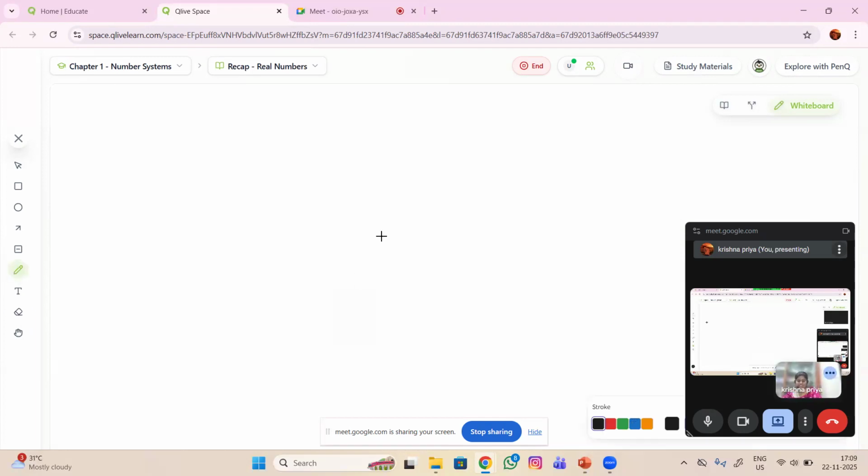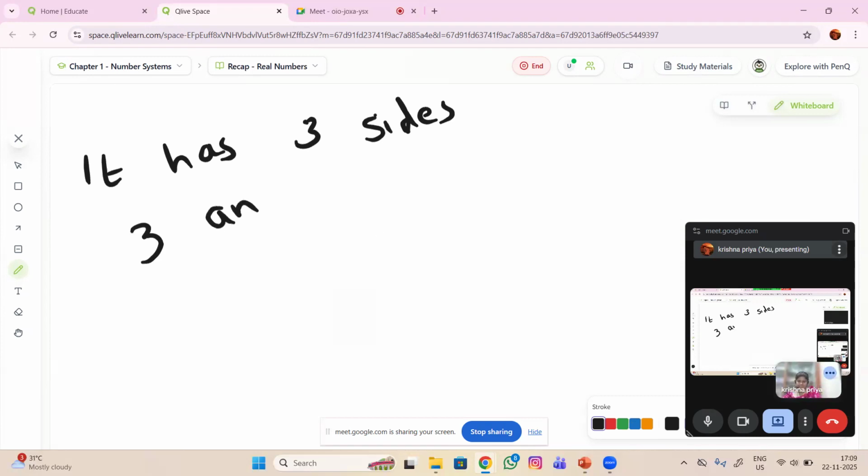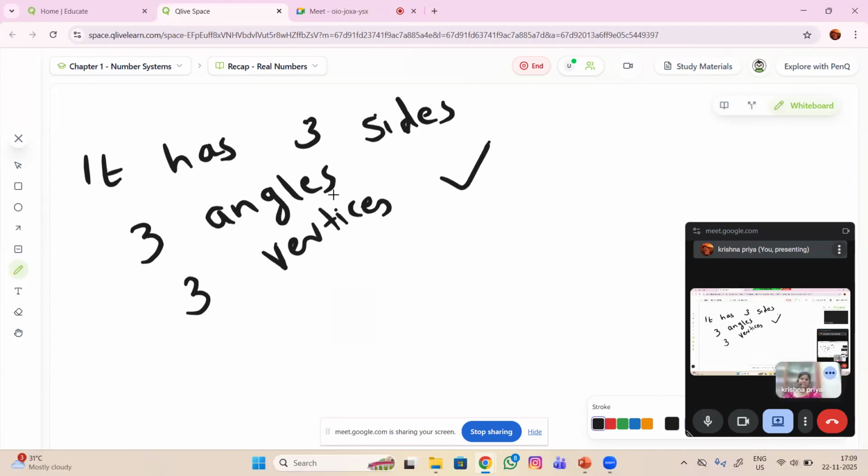It has three sides, three angles, and three vertices. That's correct.